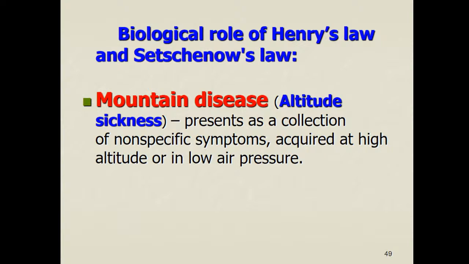The higher the pressure, the higher the solubility; the lower the pressure, the lower the solubility of oxygen in blood. That means same air, but less oxygen dissolves. It's the same as not having enough oxygen to breathe: hypoxia.